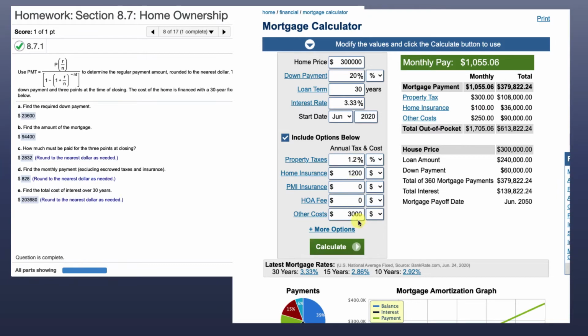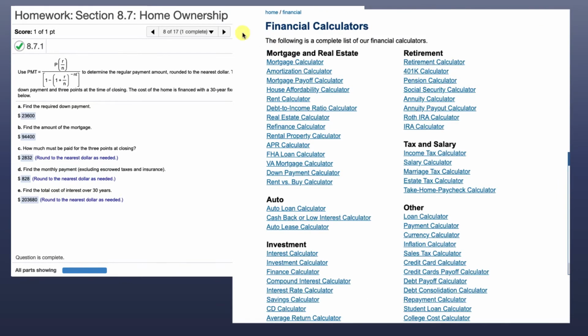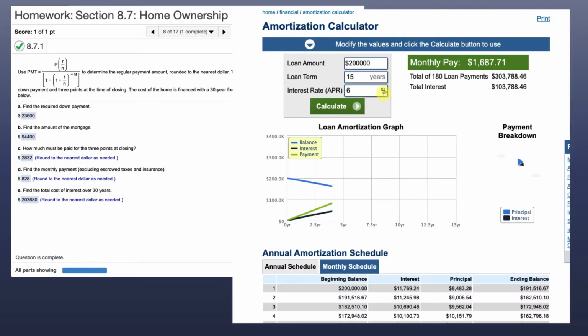It's going to give you a few more options for a home. If I go back, a general loan calculator is called an amortization calculator. An amortization is just a fancy way of saying like a loan schedule, right? So you could also just use a generic amortization calculator as well. And this keeps it really simple here, okay?